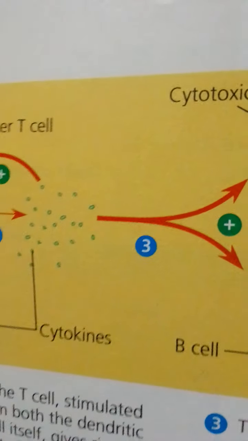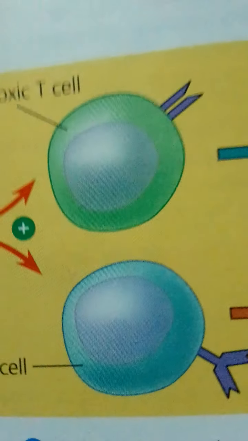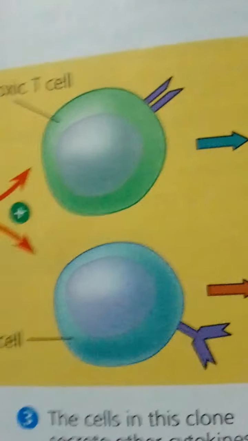Macrophages play a key role in initiating a secondary immune response by presenting antigens to memory helper T cells, while B cells primarily present antigens to helper T cells in the course of the humoral response.